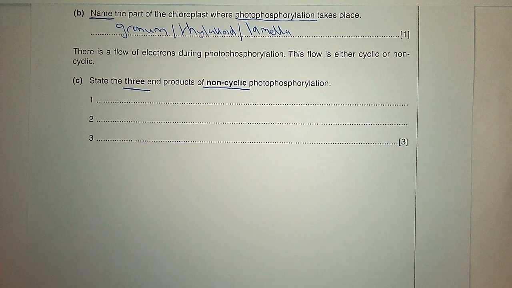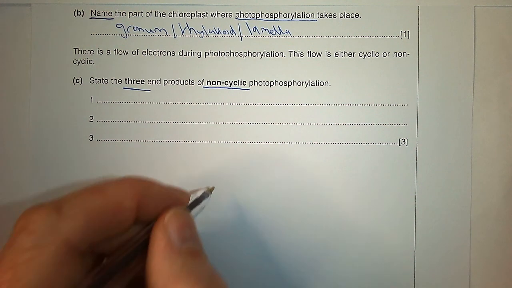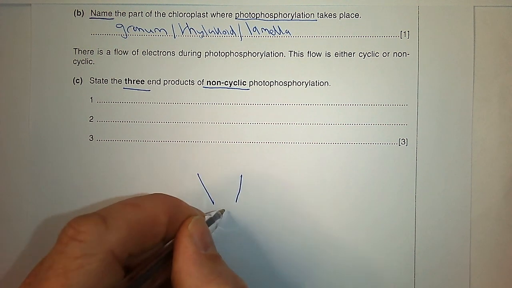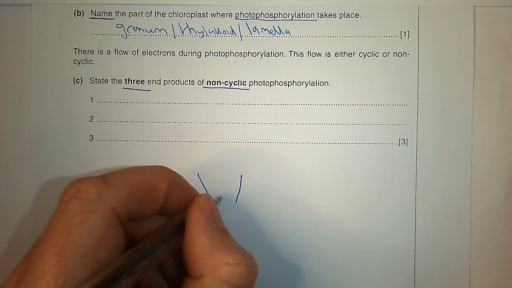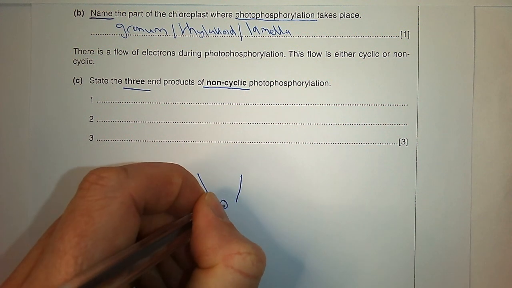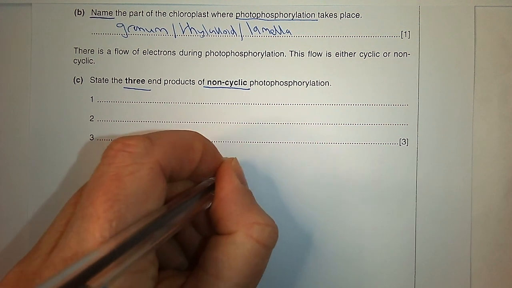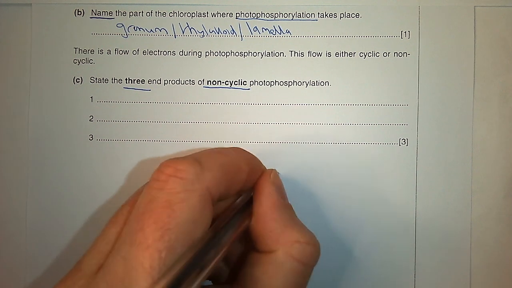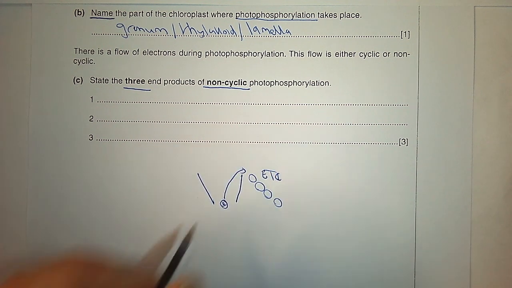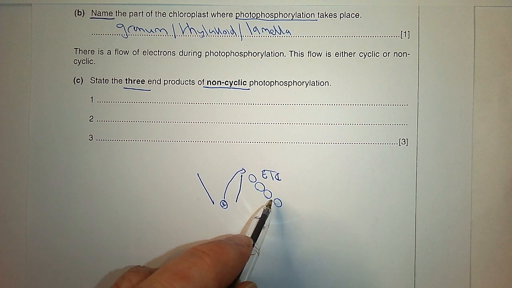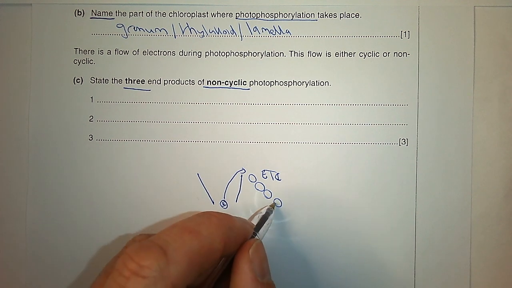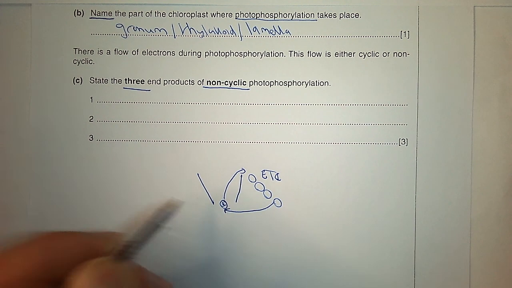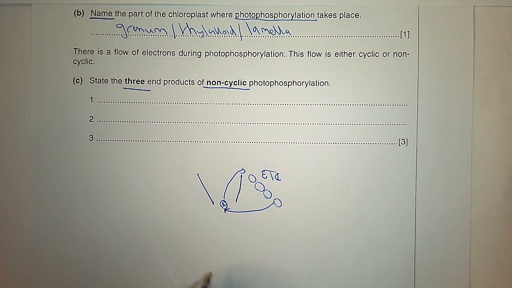Cyclic phosphorylation is where the electrons are recycled from the photosystem, so the electrons are promoted to a higher energy level, they travel through an electron transport chain through a series of proteins, and the electrons end up back at the same photosystem.